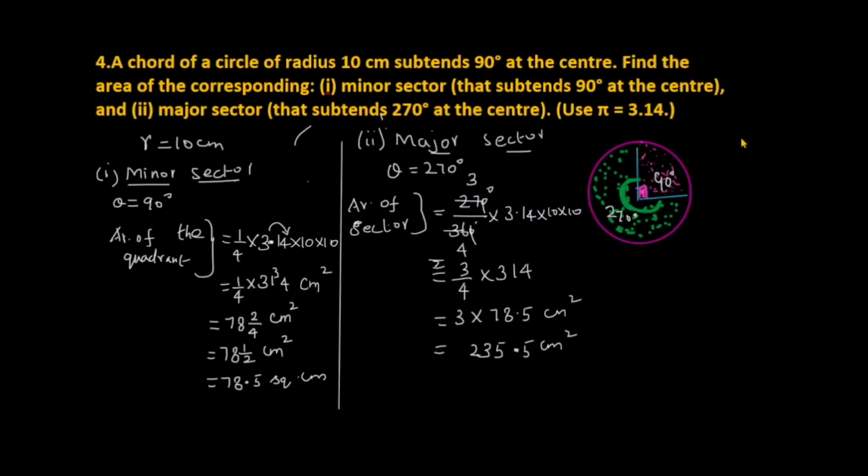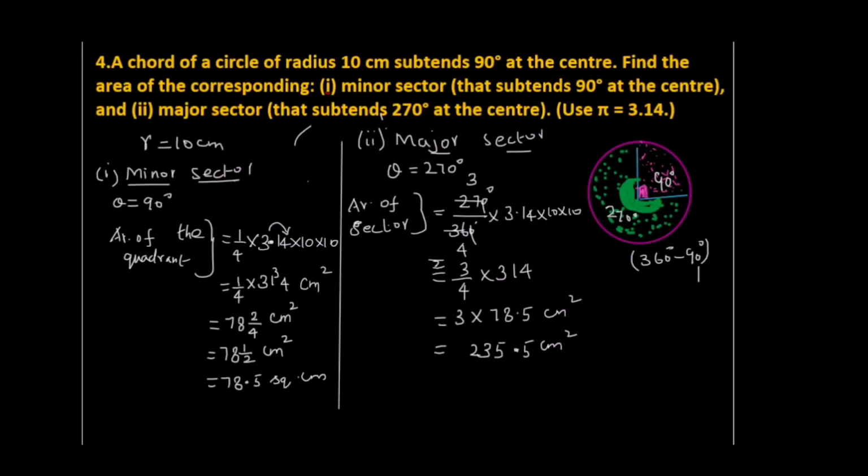Here the angle of major sector is given as 270 degree. If it is not given also, we can subtract 360 minus minor sector's angle, we will get the major sector's angle. If suppose it is not given, we can subtract and find.